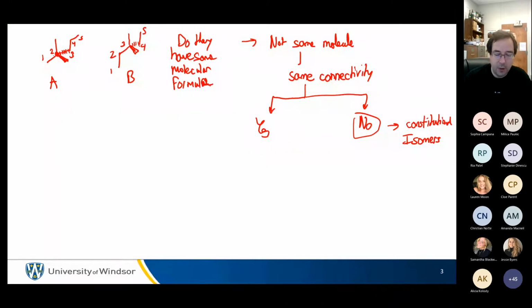Always worth checking. Obviously, yes, they do. Sorry, that's a yes, not a no. Because if they don't have the same molecular formula, they're not isomers. They're just completely different molecules. A pen is not a Pepsi bottle. I don't need to think too much more about that.